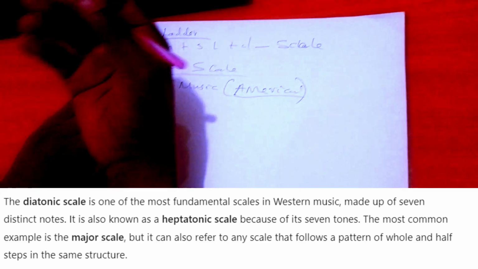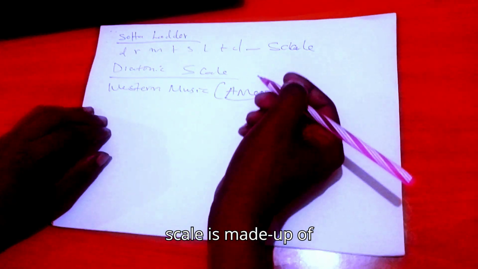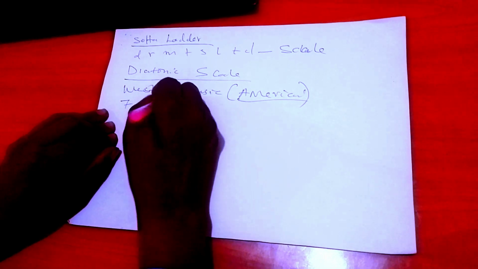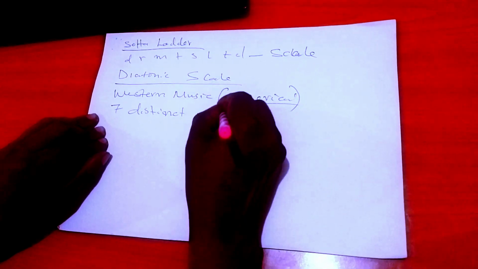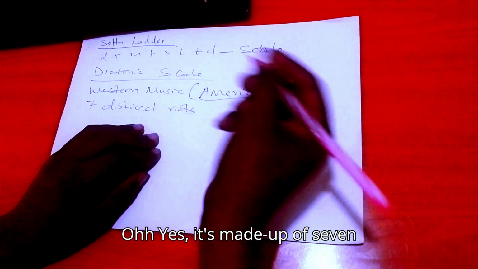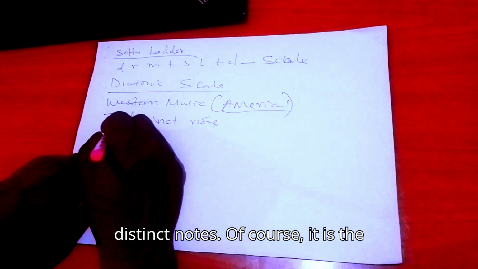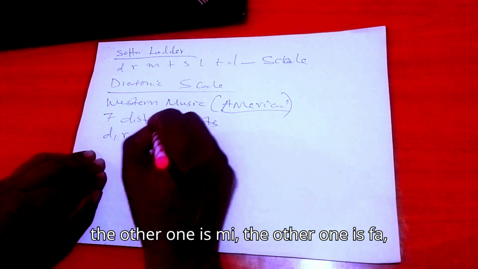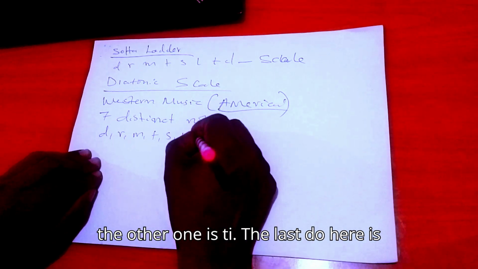Now, we are saying that this scale is made up of 7 distinct notes. Yes, it's made up of 7 distinct notes. Of course, the first note is do, the other one is re, the other one is mi, the other one is fa, the other one is sol, the other one is la, the other one is ti.